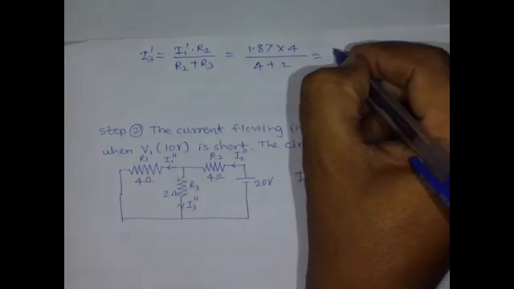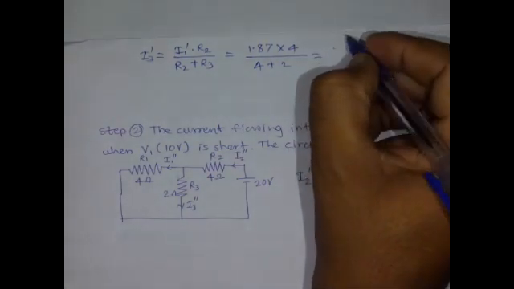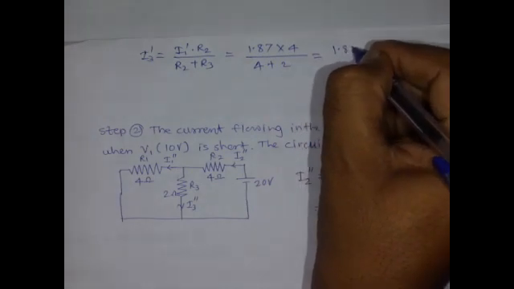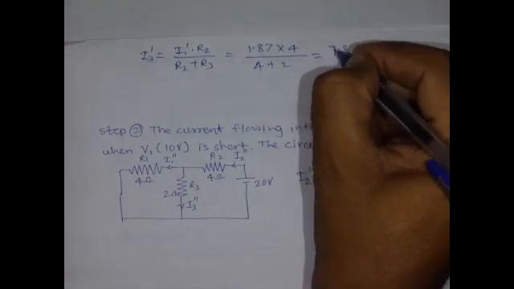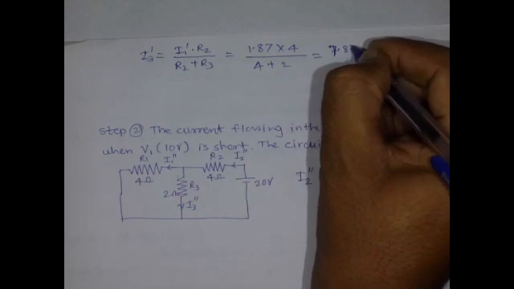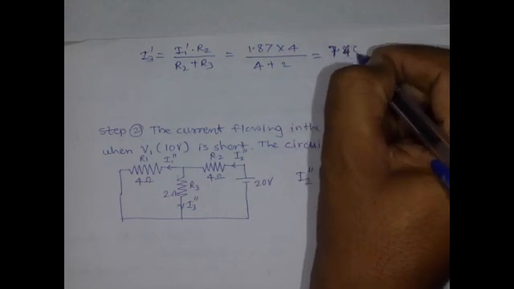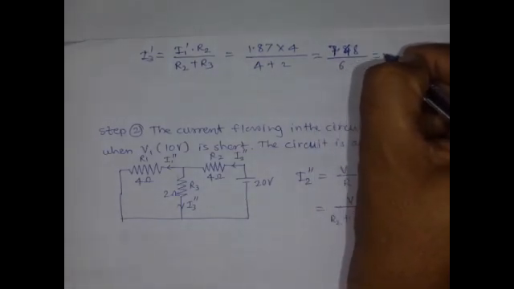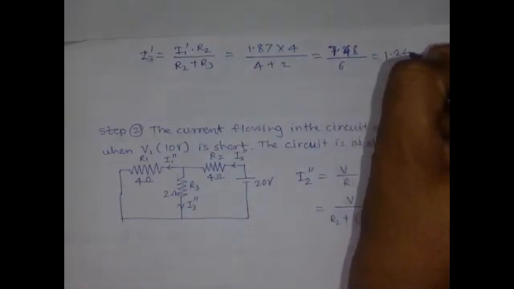So the value of I3 is 1.87 into 4, that is 7.48 divided by 6, and its value is 1.246 ampere.